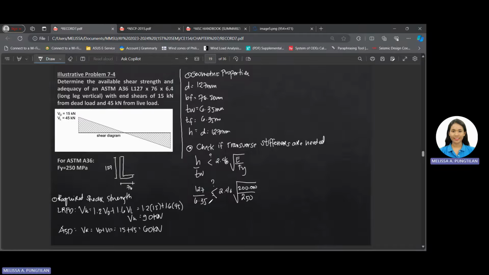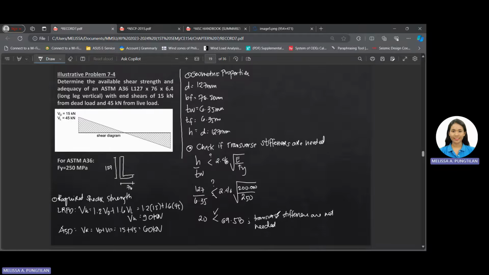Yan. So, yung H over TW natin is equal to 20. And, okay, it is lesser than 69.58. Okay, so satisfied, therefore, transverse stiffeners are not needed.